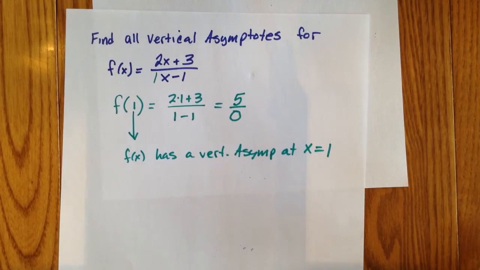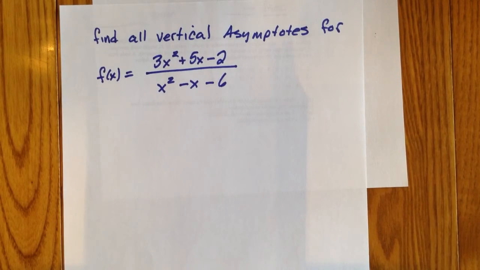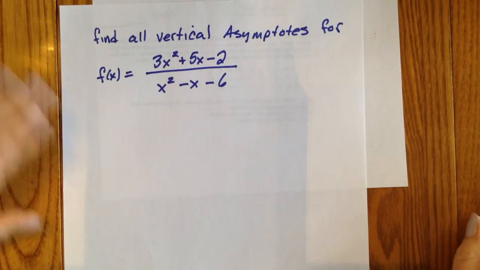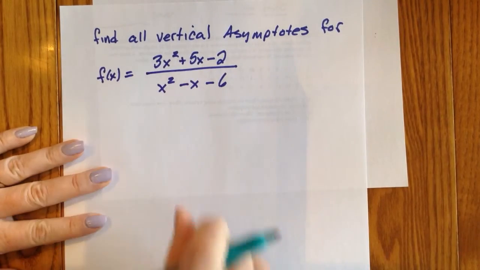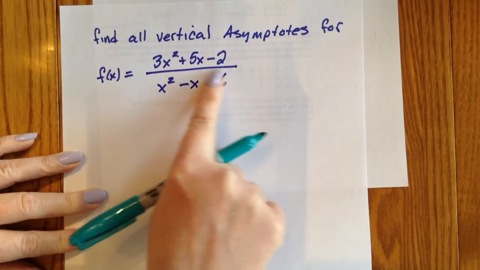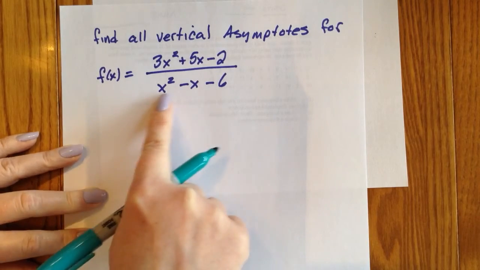All right, well, that was almost too easy. Let's do another example. It's harder. Awesome. Here's our next example. Find all the vertical asymptotes for f of x equals this. Again, polynomial over a polynomial. I want to know what makes the denominator 0. Oh, it's all scary.